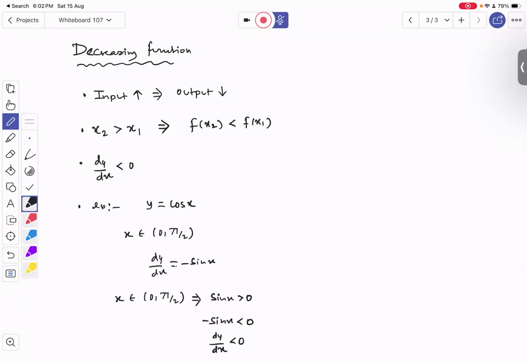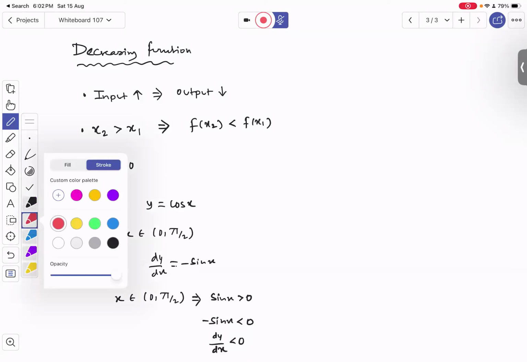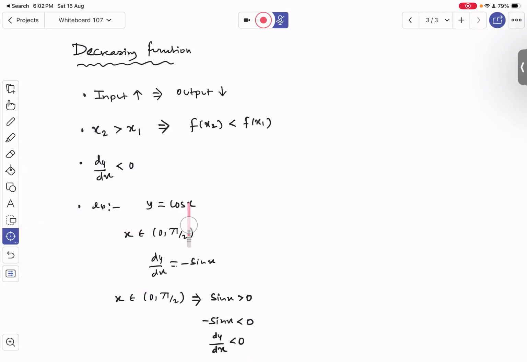And you can totally tell what the output will be if I keep on increasing x. So take x 0, y 1; x 30, y 1 by 2; x 90, y 0. No? So on increasing x, the output y decreases.